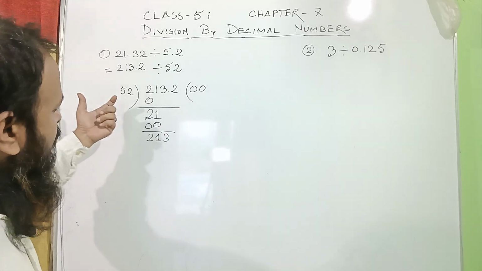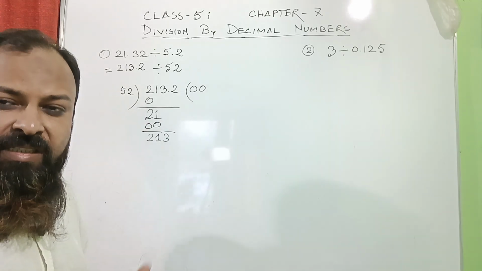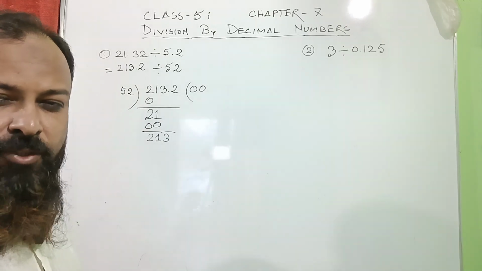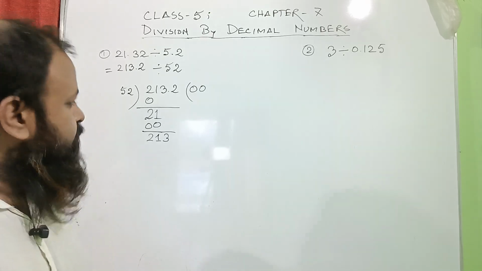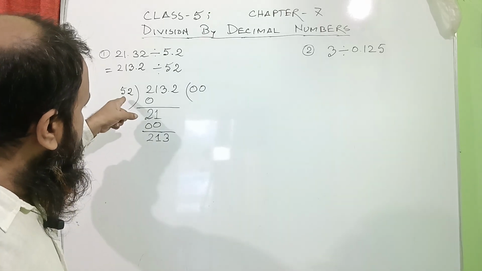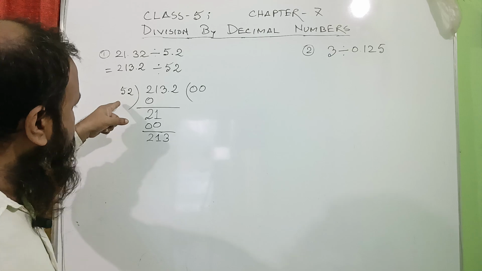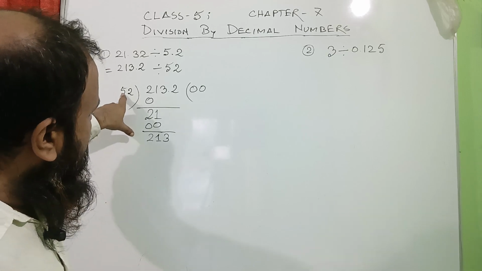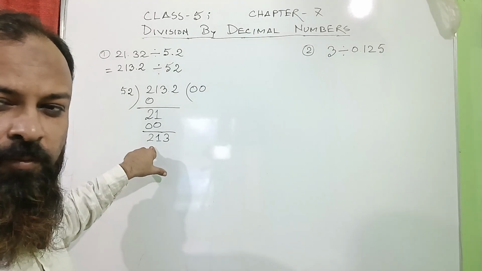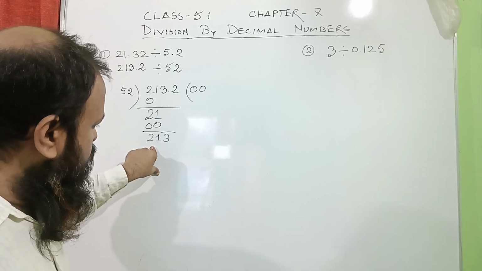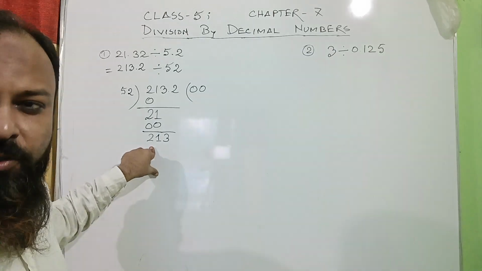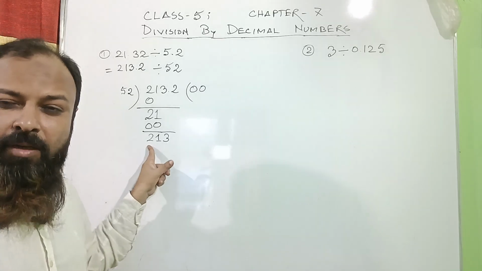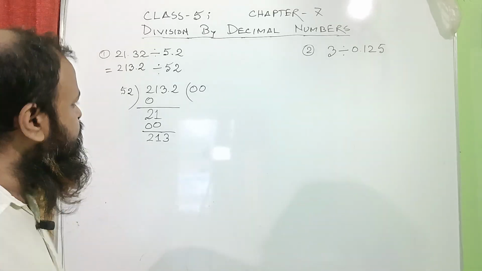So now we are to find the number which is to be multiplied by 52, so that we get closer to 213 or equal.